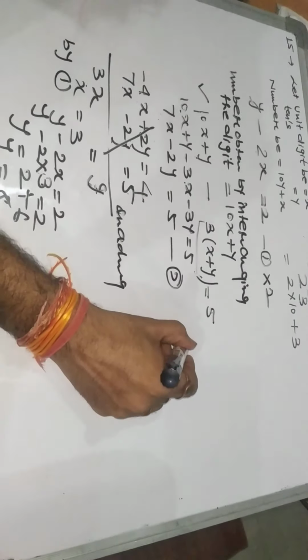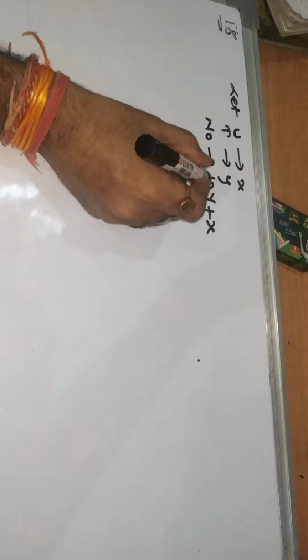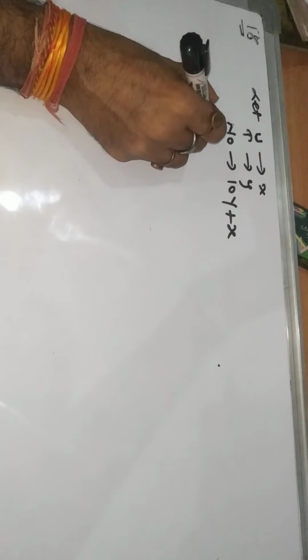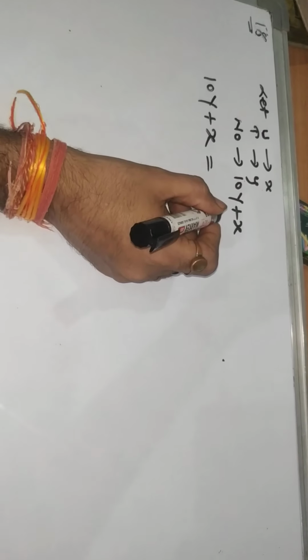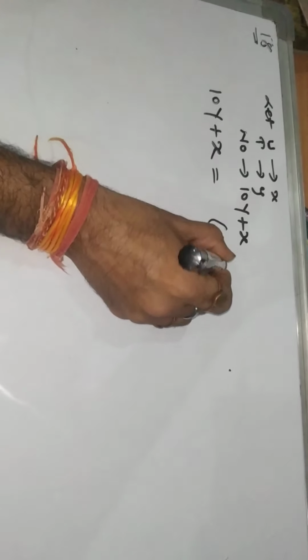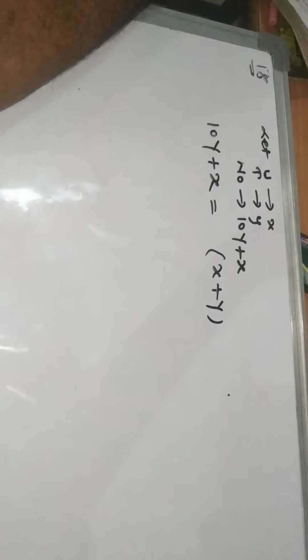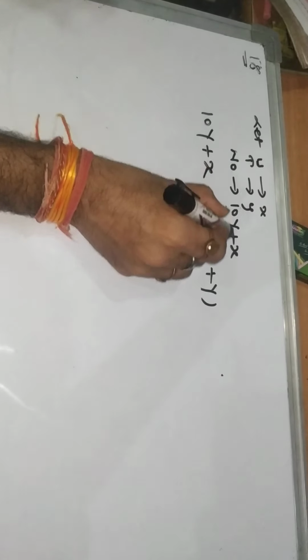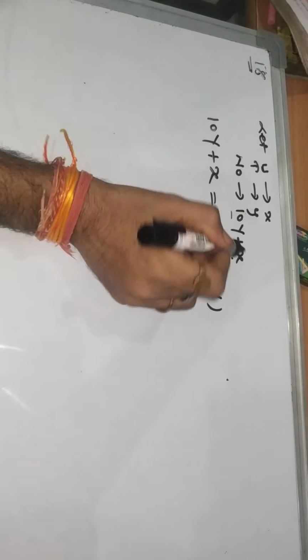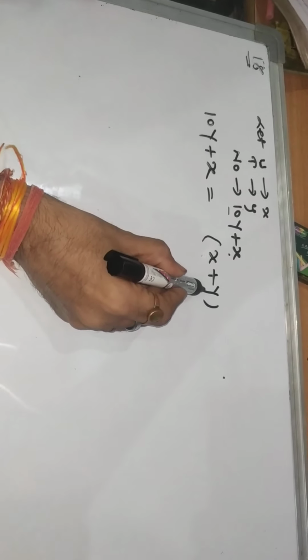Let the unit digit be x and the tens digit be y. The number is 10y plus x. A 2-digit number is obtained by multiplying the sum of the digits by 8. The 2-digit number is 10y plus x, and this is obtained by multiplying 8 into the sum of the digits, which is x plus y.